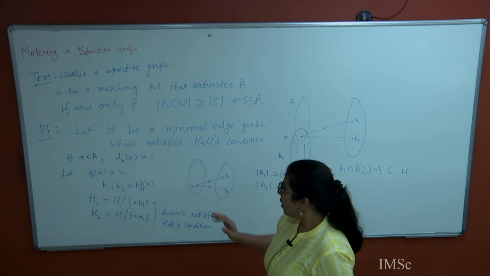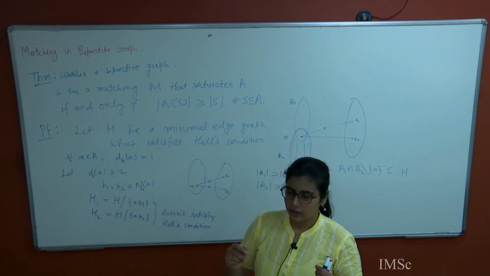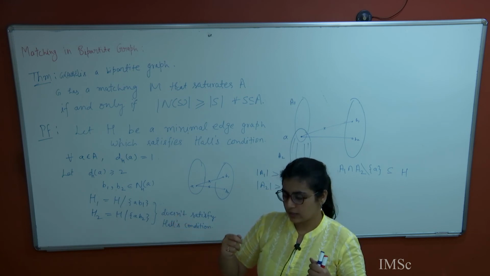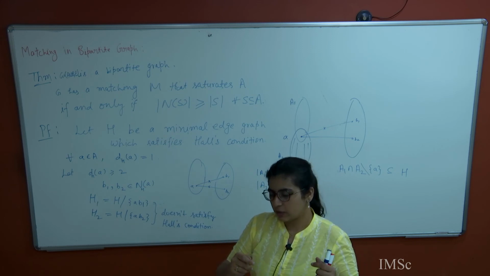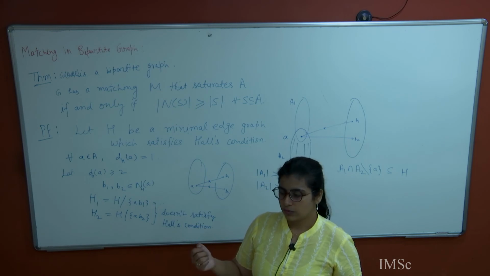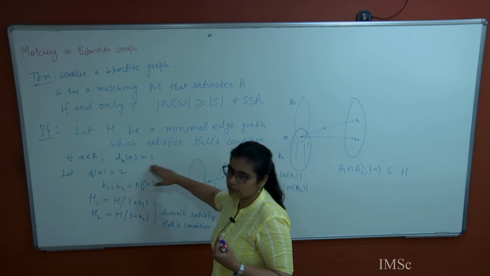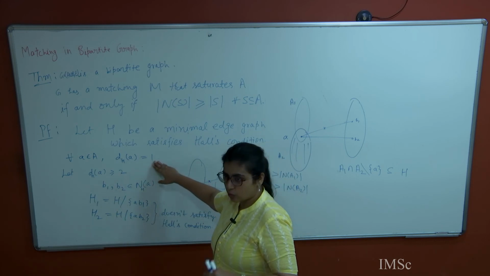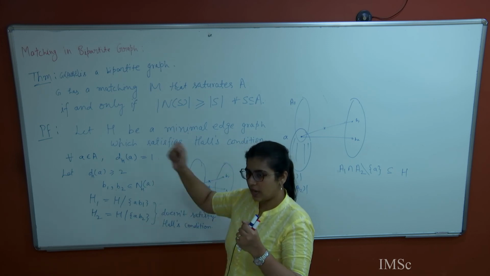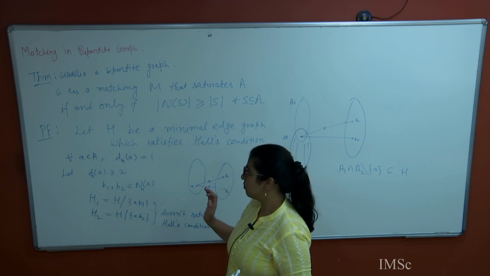Now if you look at Hall's condition for one vertex, a singleton set, only one neighbor is enough, right. So if for every vertex in A there is only one neighbor, then we are done. If every vertex has degree 1 and it satisfies Hall's condition, meaning every vertex A has some neighbor, then we can say that we have a matching.